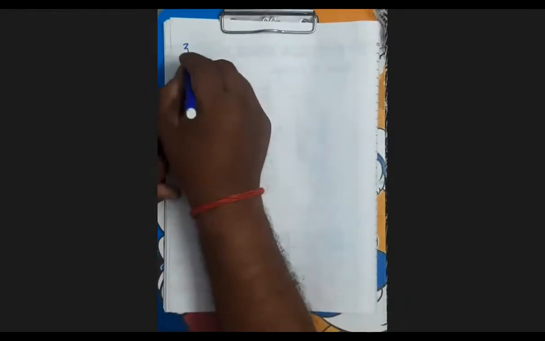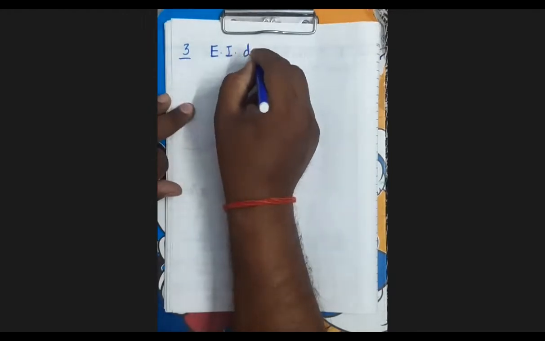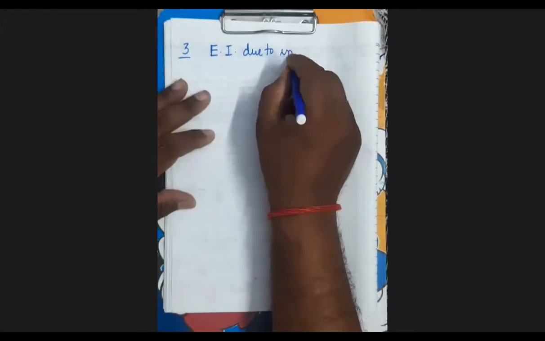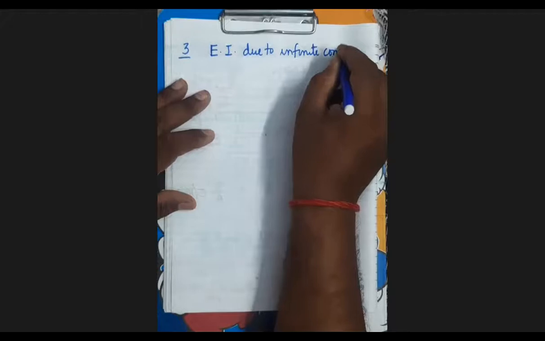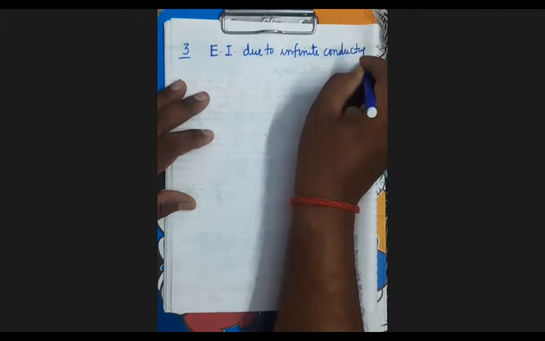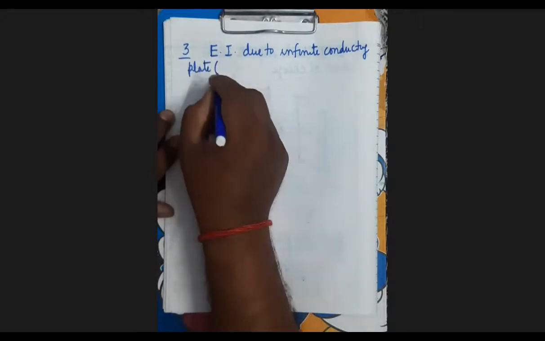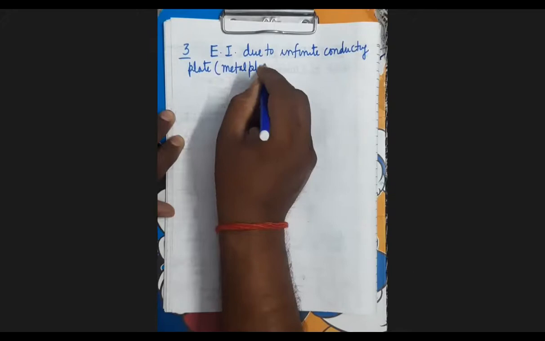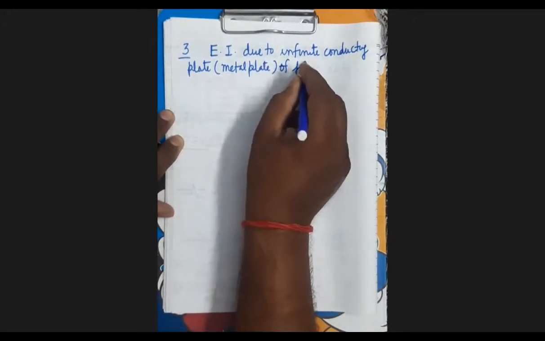Then there is a formula of electric intensity. This is the electric intensity due to an infinite conducting plate. When I say conducting plate, it means a metal plate of finite thickness.